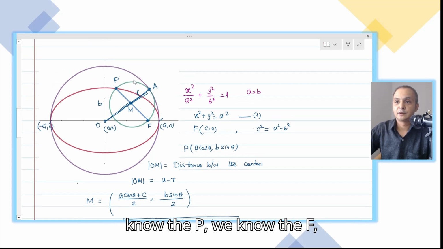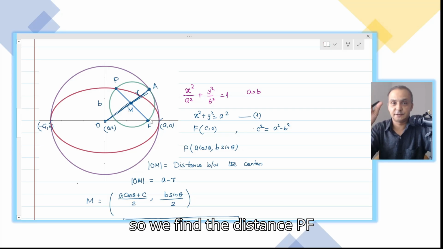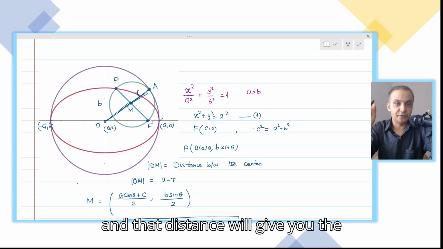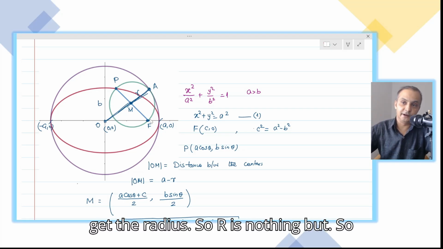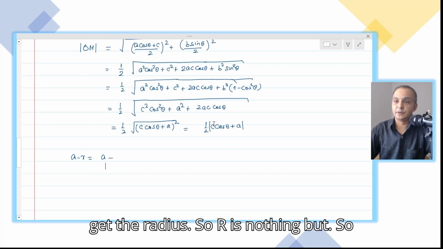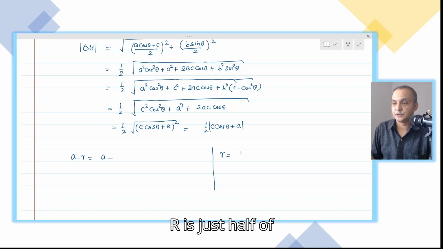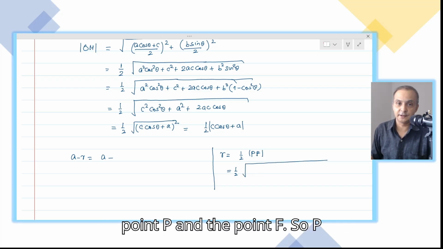We know P, we know F. So we find the distance PF, and that distance will give you the diameter, and we take half of it, we get the radius. So R is just half of PF. So what is PF? The distance between the point P and the point F.